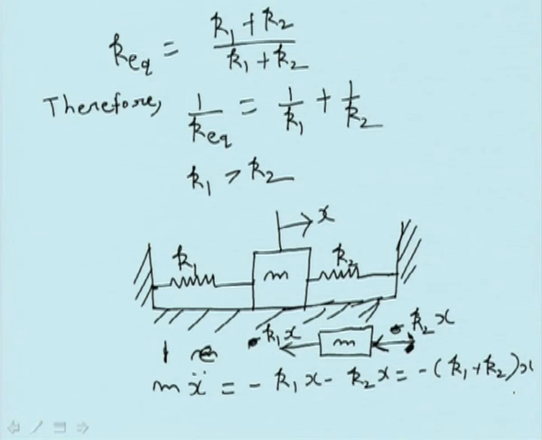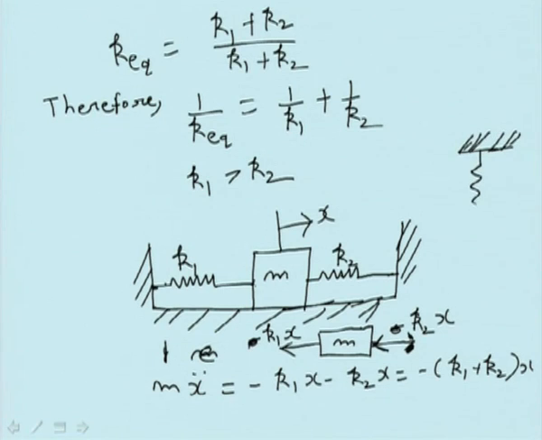Considering that springs are in parallel does not mean that physically they will look like they are in the same line. If they undergo the same amount of displacement, then they are in parallel. If they are undergoing different displacements, then they are not in parallel, they are in series.